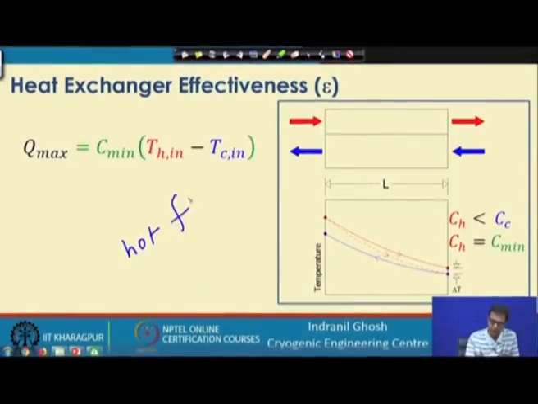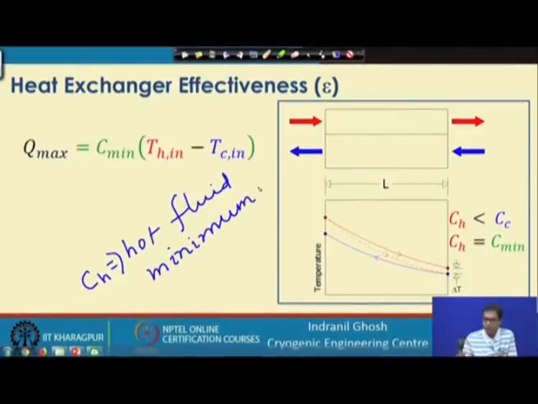By assuming C H less than C C, the hot fluid C H is the minimum capacity fluid, and that will experience the maximum difference in temperature. The temperature profile will look like this, and this is the T H in.